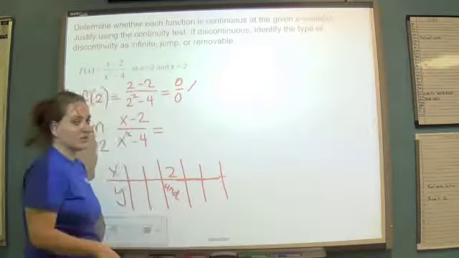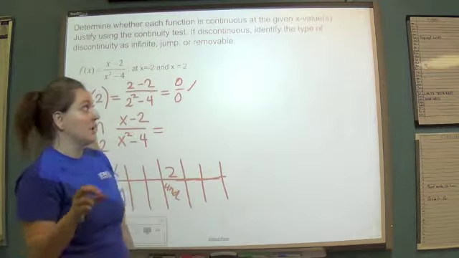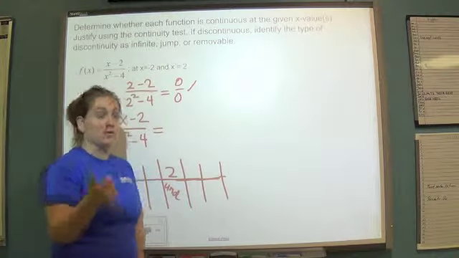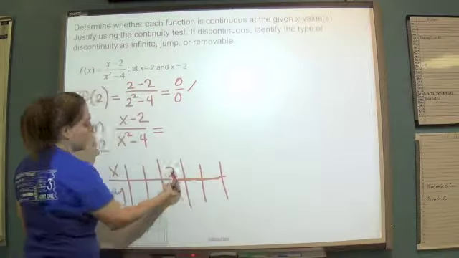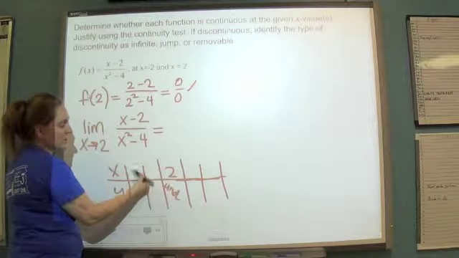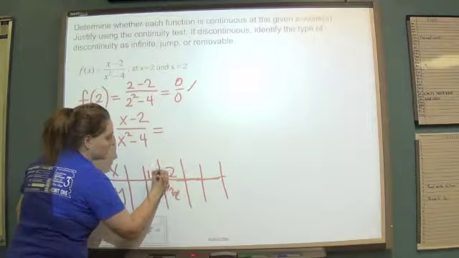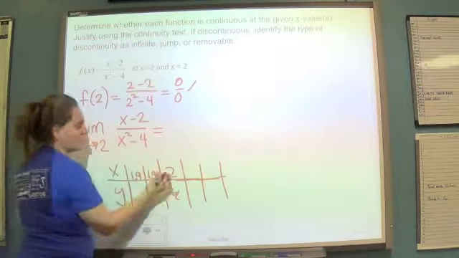So right now, all we're trying to do is figure out if it's a jump, a removable, or an infinite. We know it's not a jump because it's not piecewise. So we're trying to figure out if it's removable or infinite. So we plug in numbers. We think of numbers really close to 2 on the left and really close to 2 on the right. So we can say 1.99, 1.9.